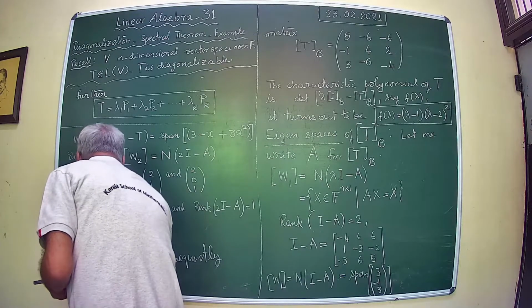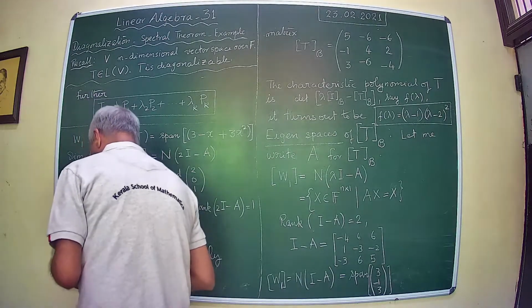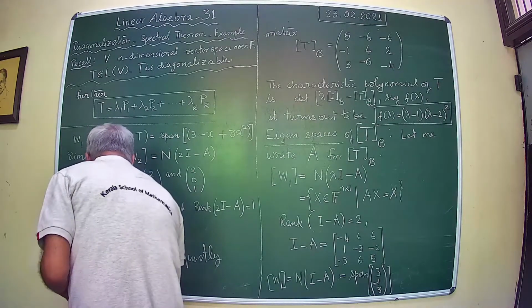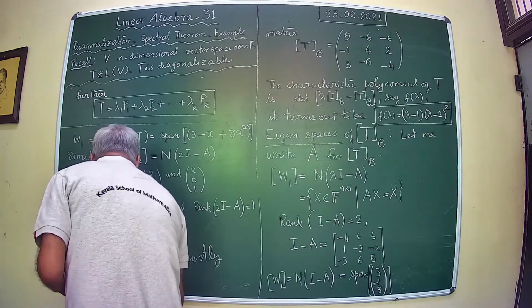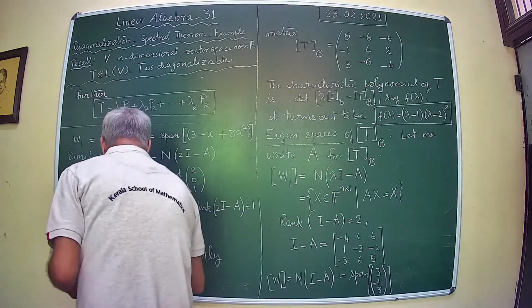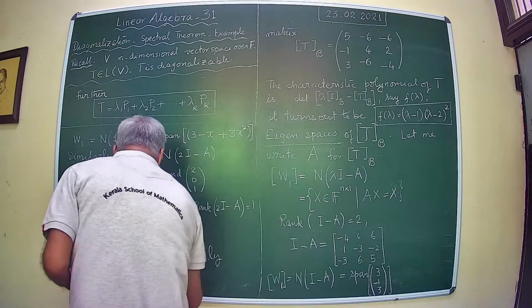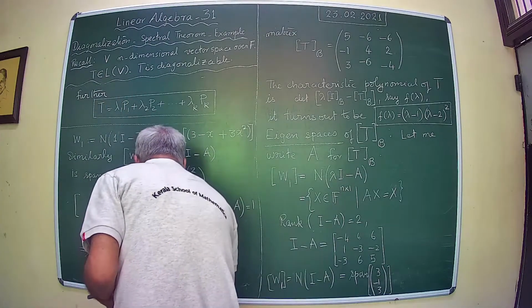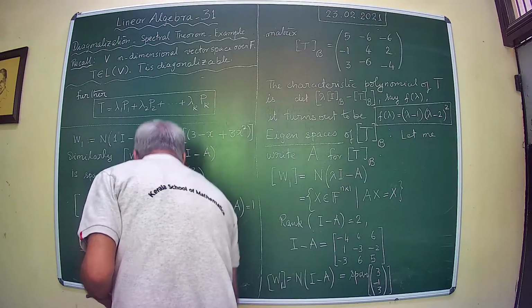W2, which is equal to the span of two polynomials.